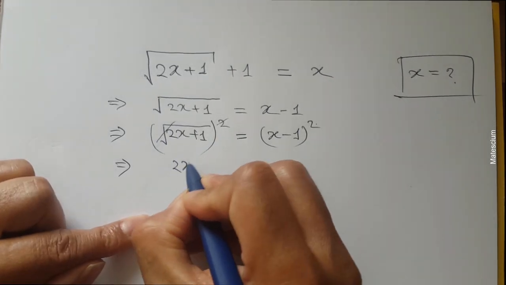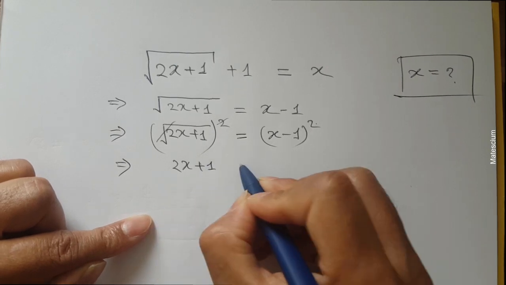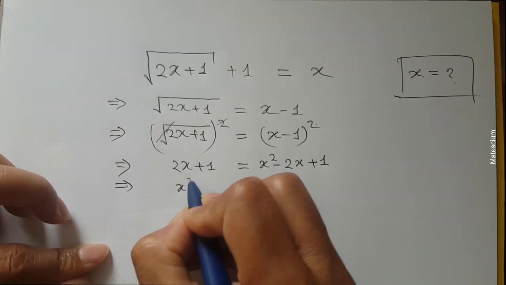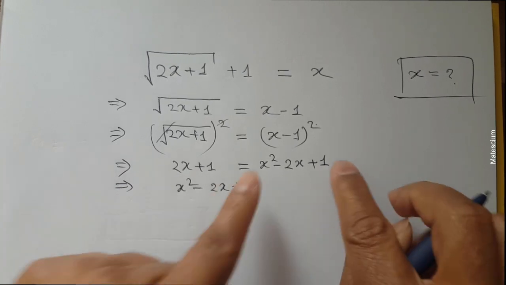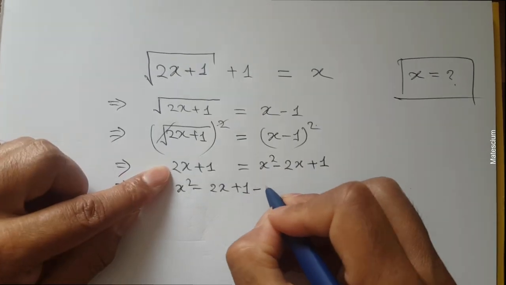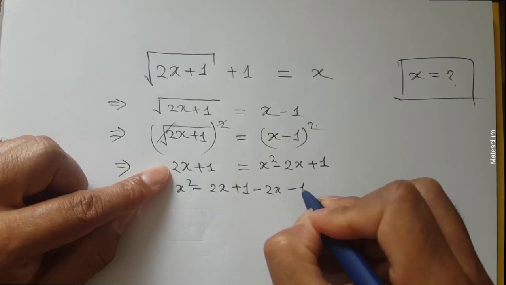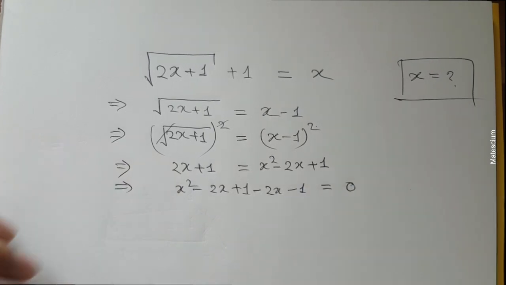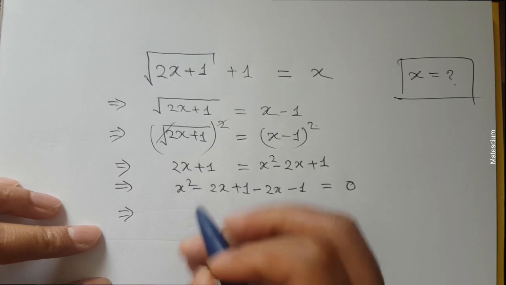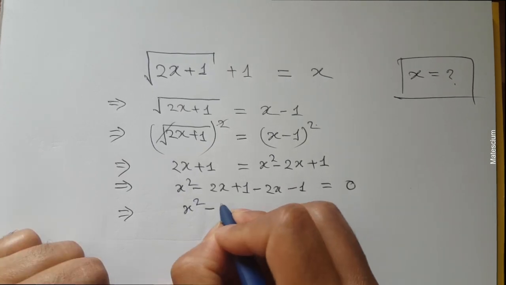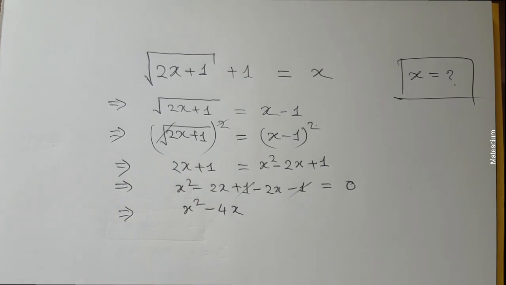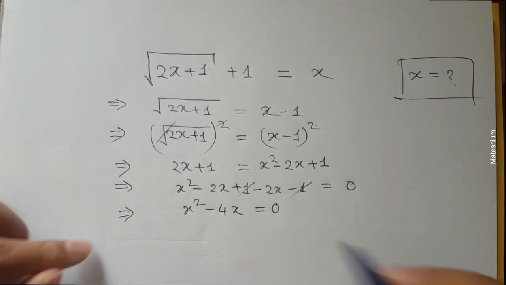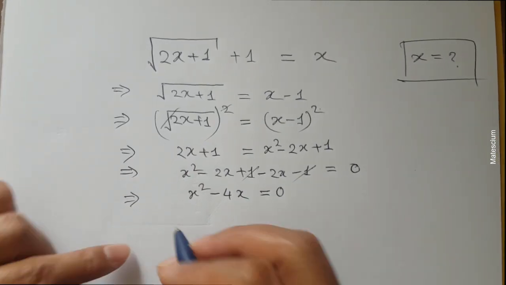Remaining is 2x plus 1 on the left hand side, and the right hand side is x squared minus 2x plus 1, which is this, minus 2x minus 1, equal to the right hand side 0, right? So let's say here x squared minus 4x, and plus 1 and minus 1 cancel, and the right hand side is 0. Until now this is so simple.